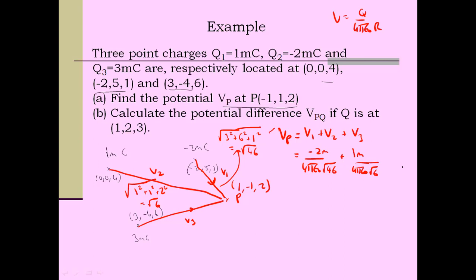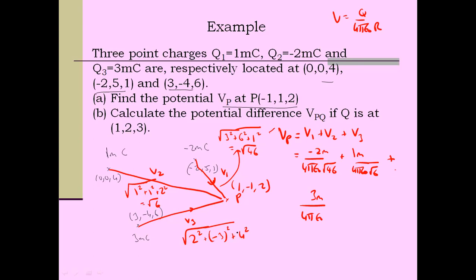Finally, for V3, we have a 3 millicoulomb charge divided by 4 pi epsilon naught. The distance from 3 millicoulomb to point P is given by the square root of 2 squared plus negative 3 squared plus 4 squared.